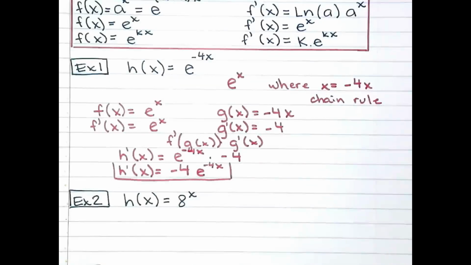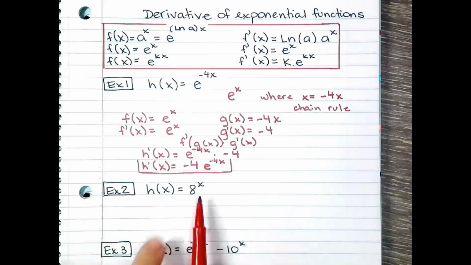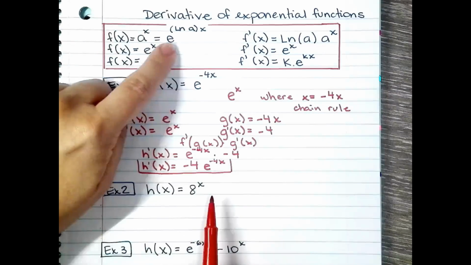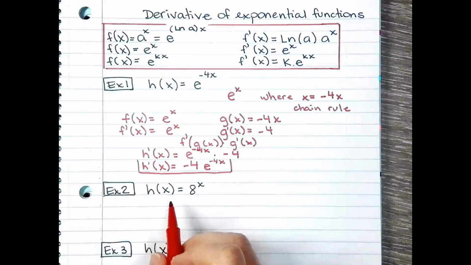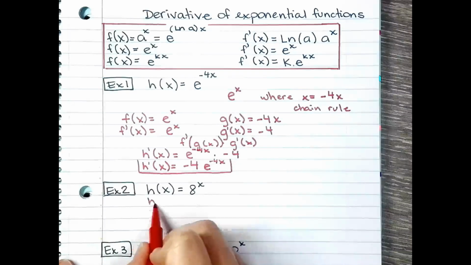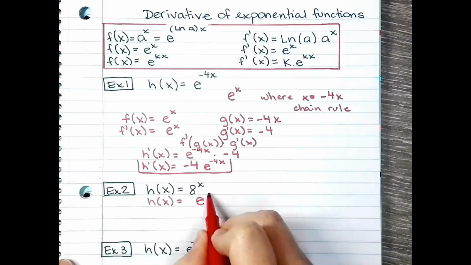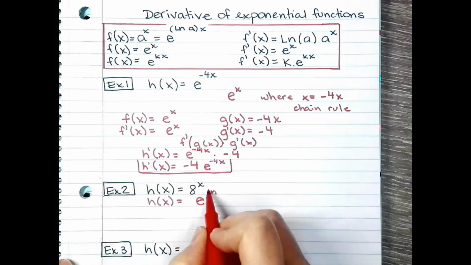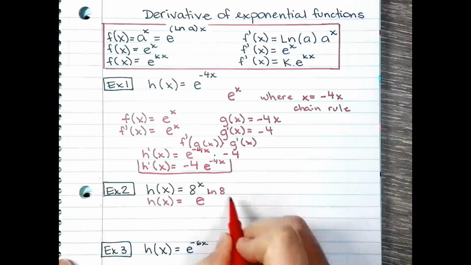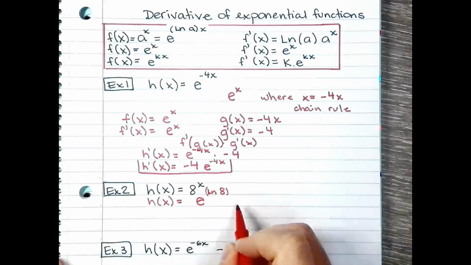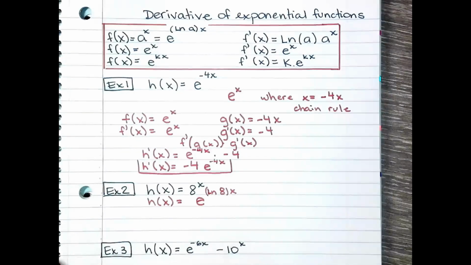Now, example 2, we have another exponential function, but now the base is 8. And like I said a couple minutes earlier, I can rewrite any exponential function as base e. So that's what I'm going to do before I start solving anything. So if I write that as base e, I know I have to write the exponent as natural log of 8, because I'm following this guy right there, natural log of 8, and then times x.